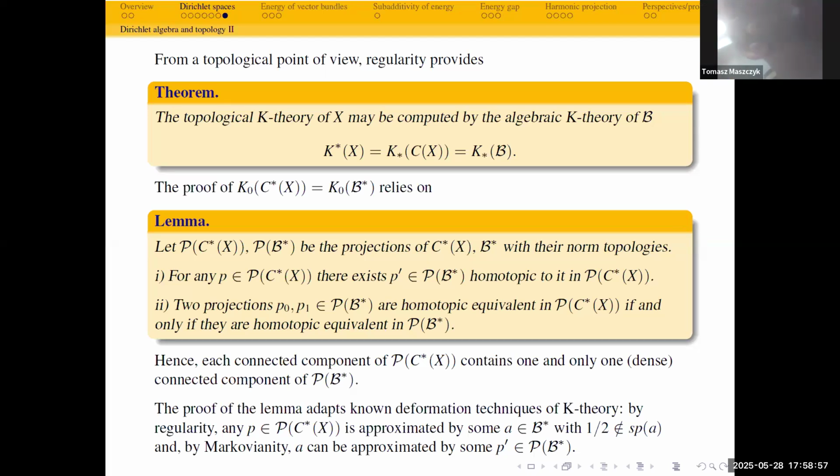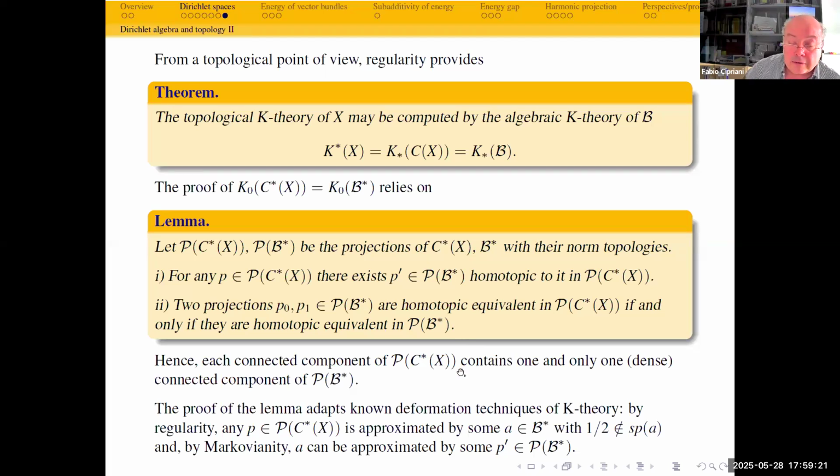Okay, thank you. And I was saying that two finite energy projections are homotopy equivalent in the space of continuous projections if and only if they are homotopy equivalent in the space of finite energy projections.